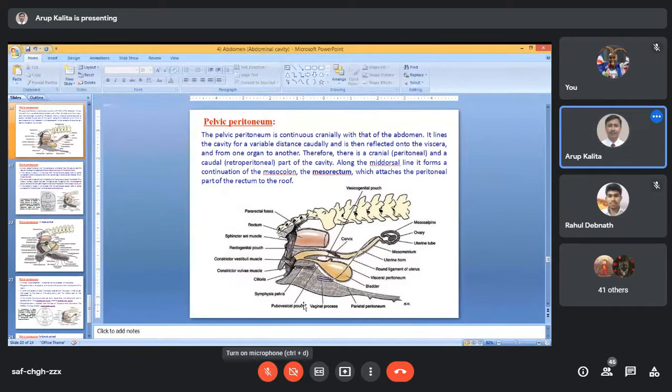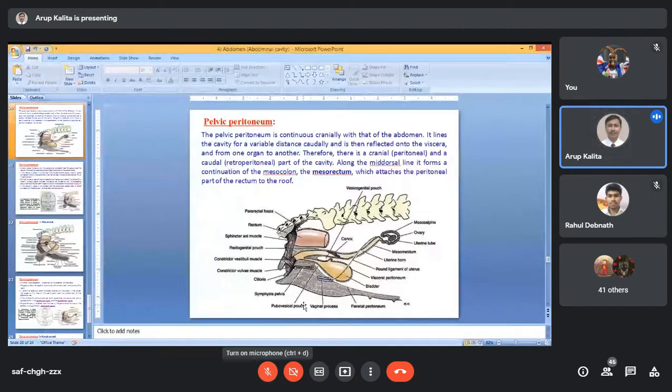Understood or not? So what is the fate of the parietal peritoneum caudally? Caudally, in the 1/3 of the anterior part of the pelvic cavity, the parietal peritoneum will form different pouches. There are 4 different pouches.